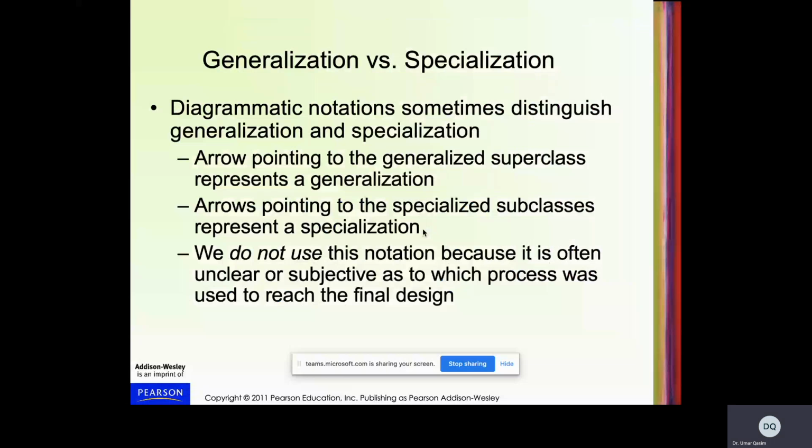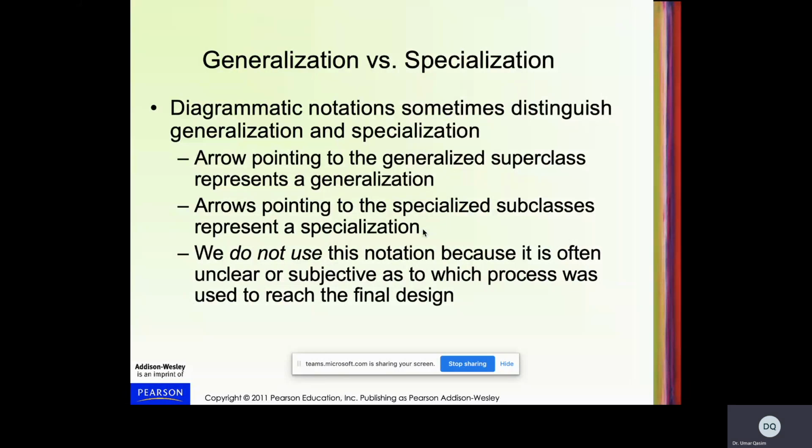So it becomes quite ambiguous when we look at generalization versus specialization, which one is there. In some books, in certain notations, some authors use arrows pointing to the specialized subclasses, representing specialization.